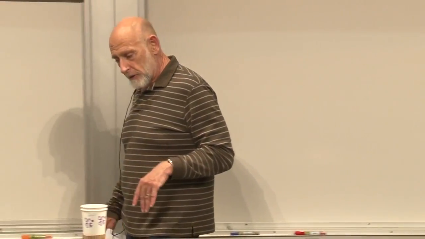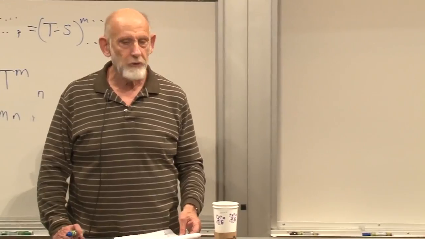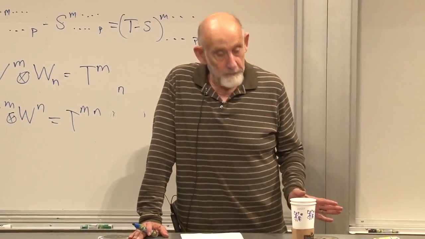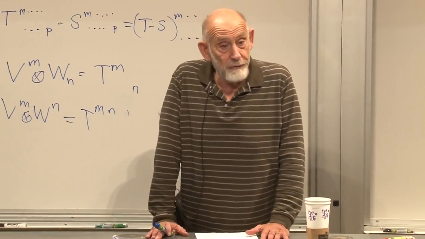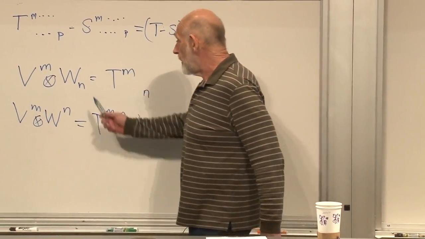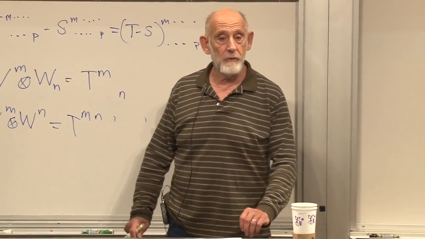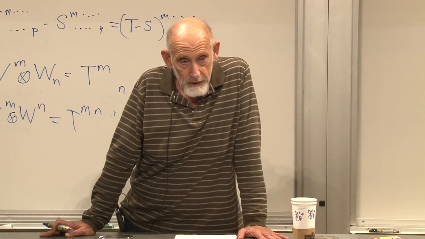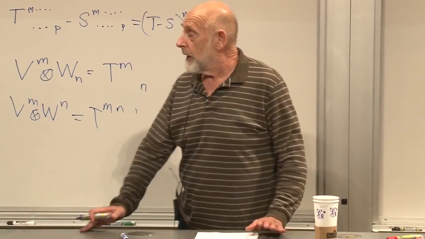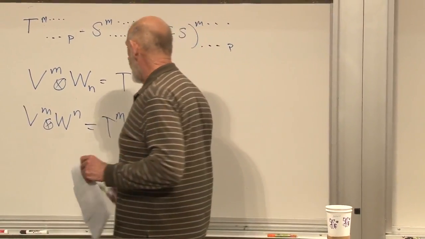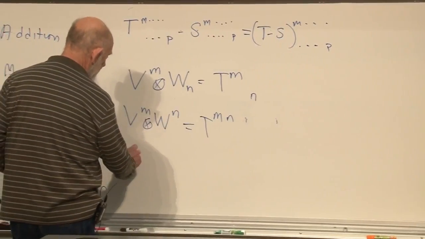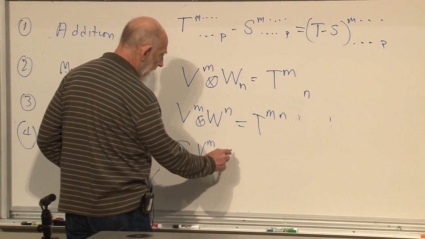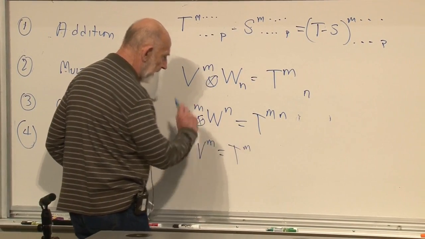Sometimes it's called the outer product, but it's just a tensor product of two tensors. And it makes another tensor, typically a tensor of different rank than either one of them. The only way you can make a tensor of the same rank is for one of the factors to be a scalar. A scalar is a tensor, and you can always multiply a tensor by a scalar. Take any scalar, multiply it by V^m, and it's a tensor with one index upstairs.